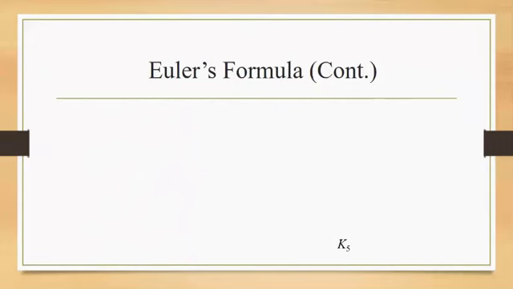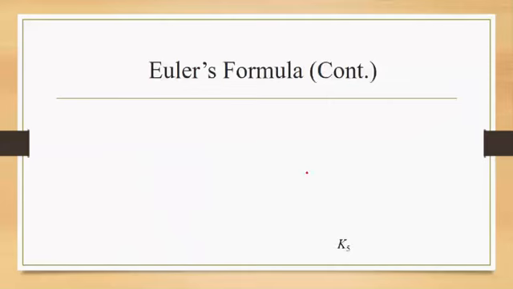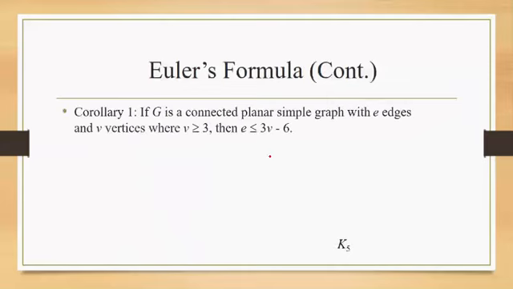Based on this statement of Euler's formula, we have derived this equation also. Whenever the graph is a planar simple graph, the number of edges will be less than or equal to 3V minus 6. So let's verify now. In the earlier case of K33, we had 9 edges and 6 vertices. 3 into 6 minus 6 is 12. So 9 is less than 12.